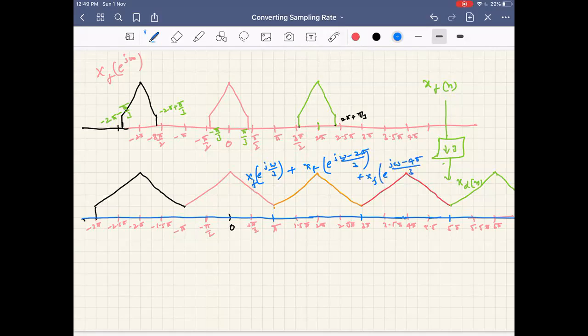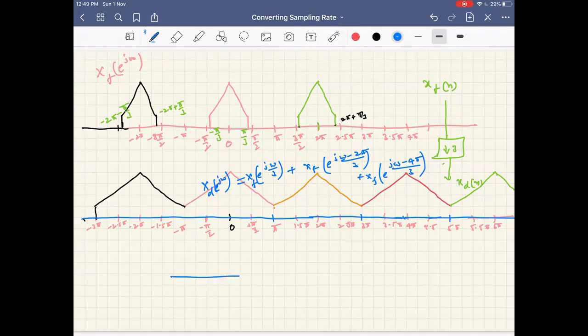Right, these three put together will give us xd of e power j omega. Right, that's what has happened here. So you can see that aliasing can be avoided if we apply an anti-aliasing filter.